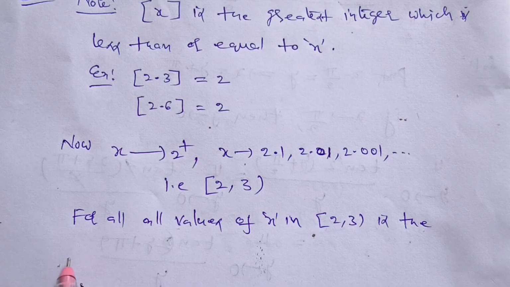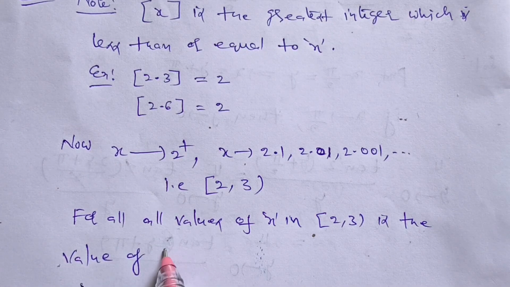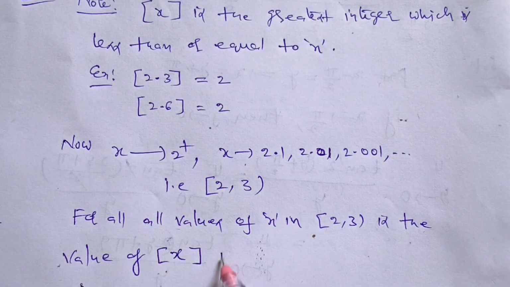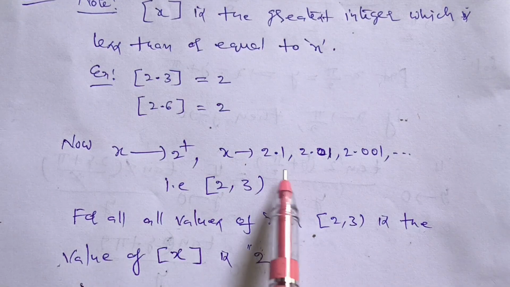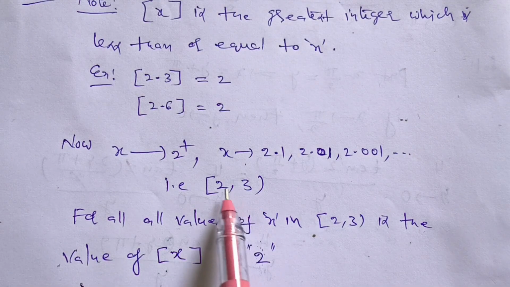So for all values of x in the interval 2 comma 3, the integral part of x, which is less than or equal to the x value, is 2 here.